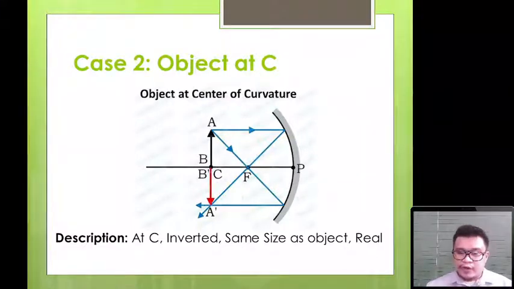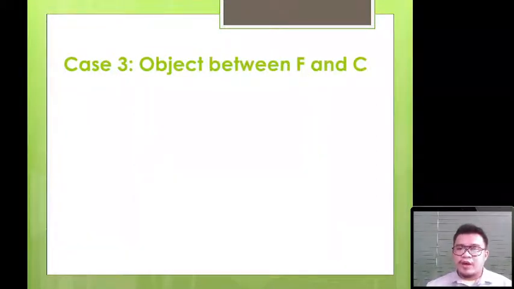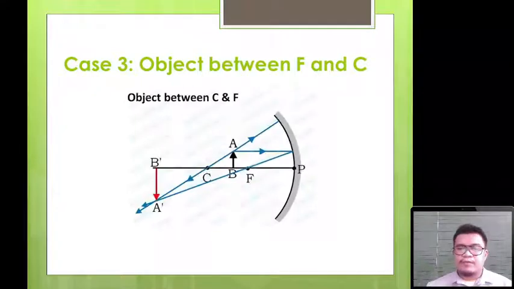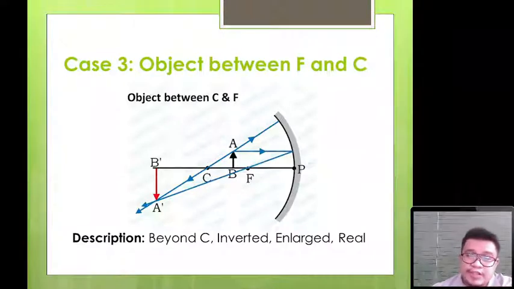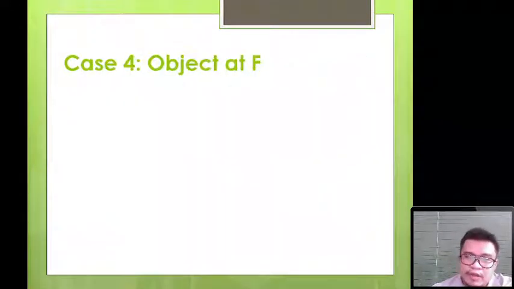It's always inverted, but the same size as the object, and it's a real image. And for case 3, object between F and C, the image now is beyond the center of curvature or C. It's inverted still. I'm sorry, it's enlarged because it gets bigger, and it's still a real image.